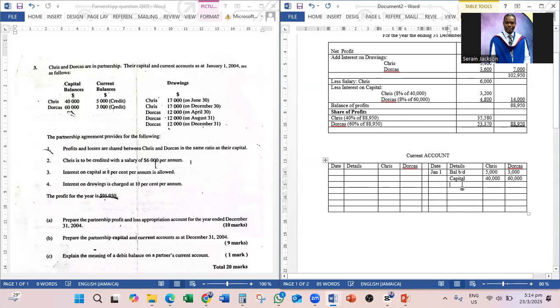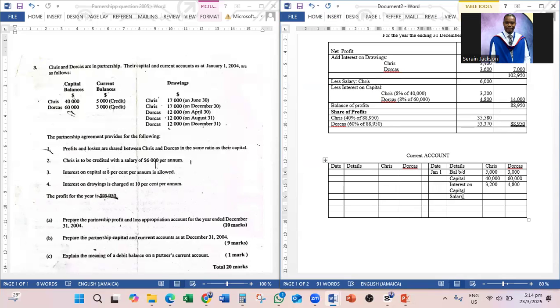We add interest on capital. For interest on capital, we have to look back at our appropriation account. Interest on capital for Chris is $3,200, and for Dorcas it is $4,800. We add whatever salary was paid, but the salary was paid to Chris, which is $6,000.